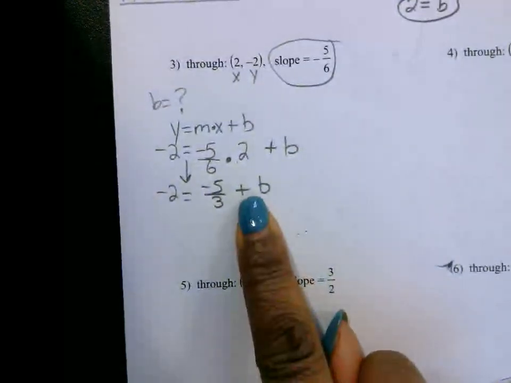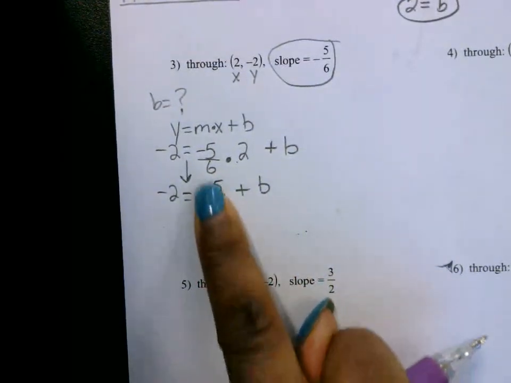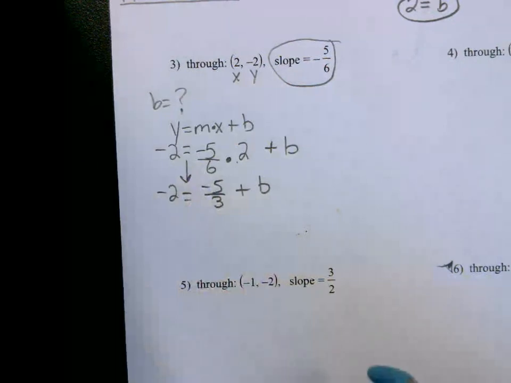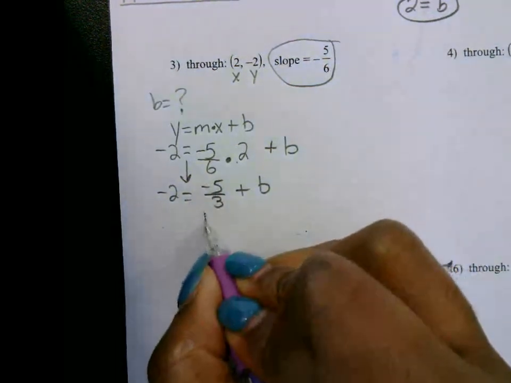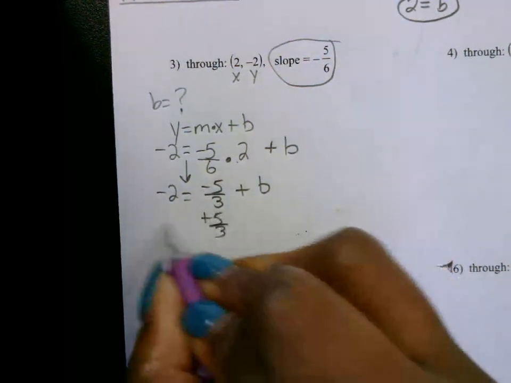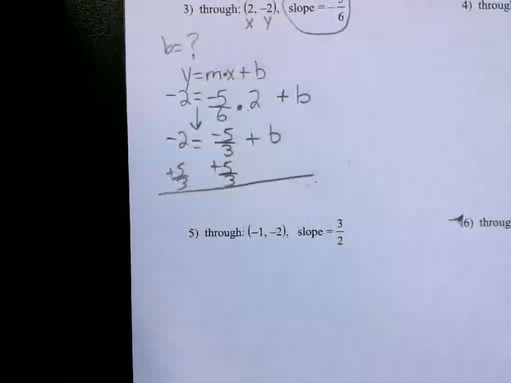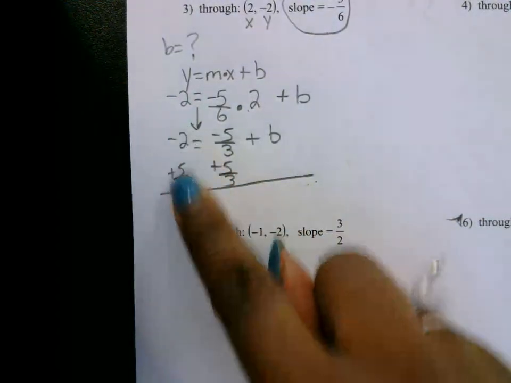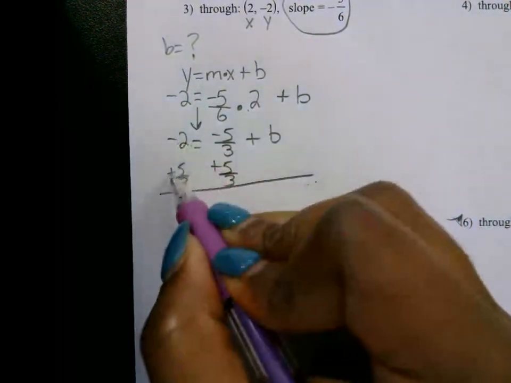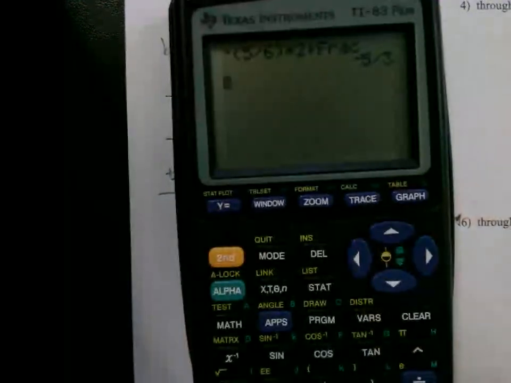How do I get B by itself? How do I move a negative 5? What's the opposite of a negative? Positive. Let's add it. So let's type this in. Negative 2 plus 5 over 3.